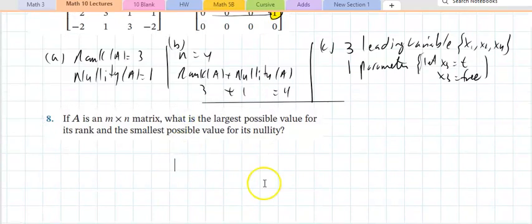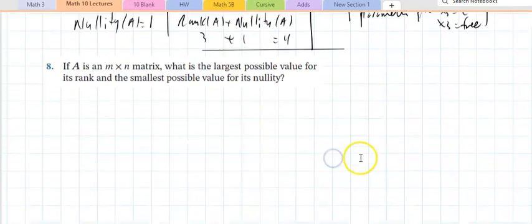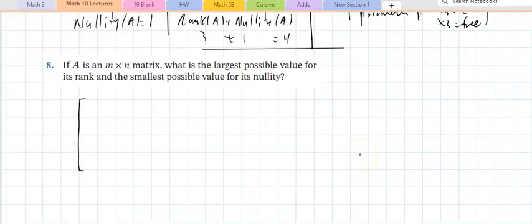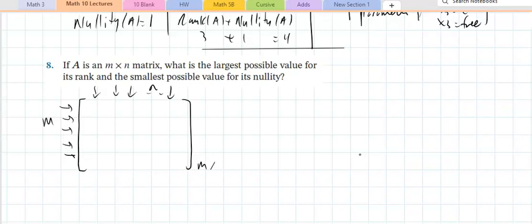If I'm looking at an m by n, so this is something that we're going to do all the time. M by n, that is m of those, and n of those, right? So we have n variables, x sub 1, x sub 2, x sub 3, all the way to x sub n. They're asking, what is the largest possible value for its rank?